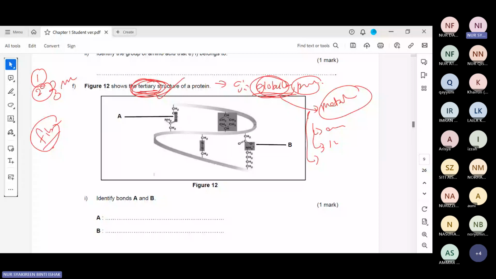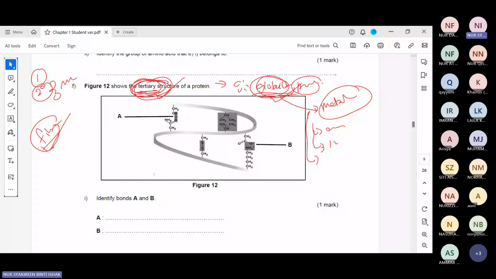So why is it important for globular proteins to have tertiary structure? It allows the polypeptide chain to fold into a specific shape, so that the protein is able to function properly. For example, an enzyme must have an active site.